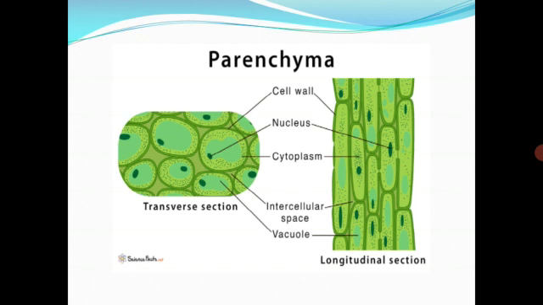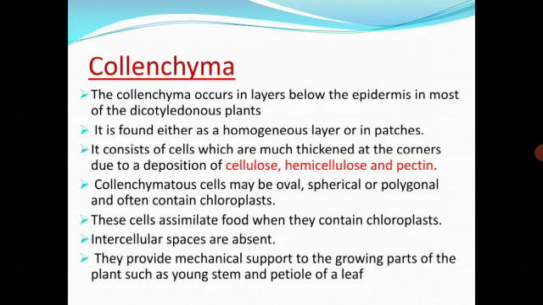So parenchyma is a living tissue. It is a simple tissue. Coming to collenchyma. Collenchyma occurs in layers below the epidermis in most of the dicot plants. It is found either as a homogeneous layer or in patches.